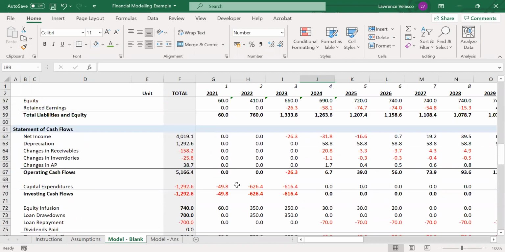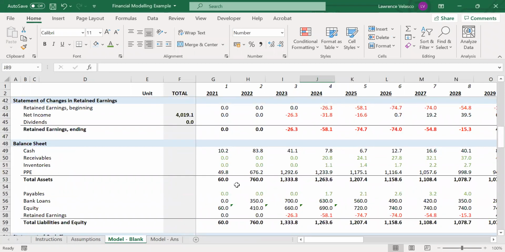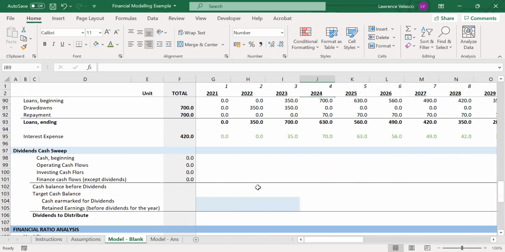Okay, kasi tapos na lahat eh. No, na-compute mo na lahat, balance na yung balance sheet mo. The only thing that's missing is dividends, right? Now, in computing for dividends, there are two things to consider. Okay? The first thing is the target cash balance of the company. The second is the retained earnings balance.